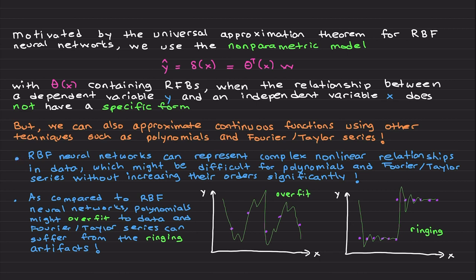First of all, radial basis function neural networks can represent complex nonlinear relationships in data, which might be difficult for polynomials or Fourier or Taylor series, without increasing their order significantly. Meaning that if you have a really complex function, and you are using, for example, polynomials, you need to increase the order of the polynomial and the number of unknowns W1, W2, W5, W100 significantly.